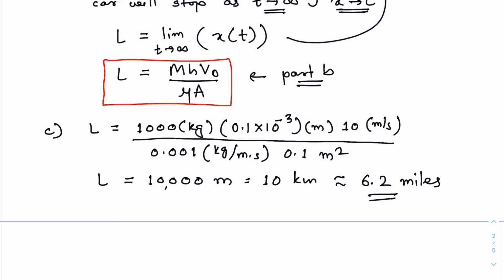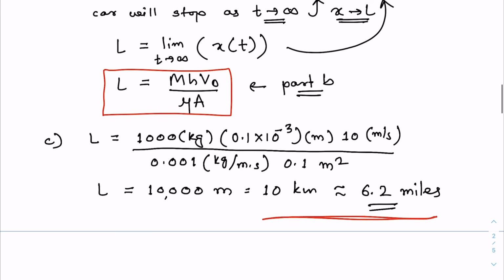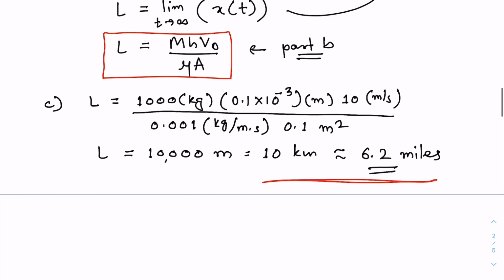So using these approximate values, the vehicle will travel almost 6 miles before stopping completely. And again, this is not realistic. 6.2 miles is a huge distance.